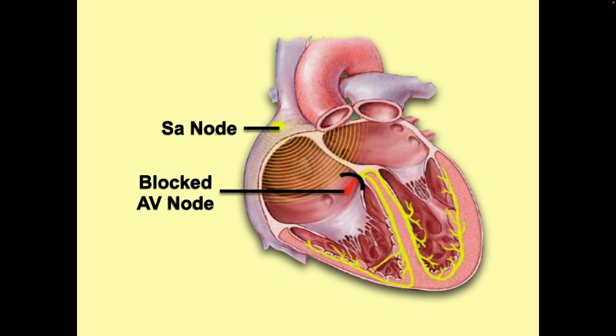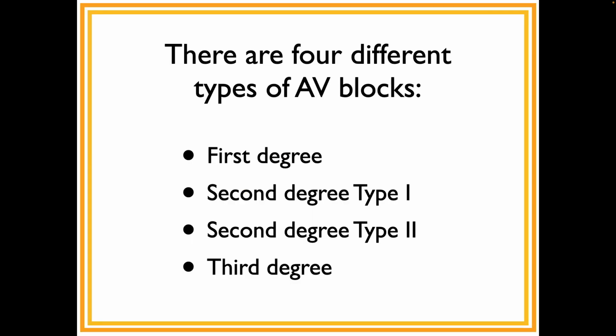Now, there are 4 different types of AV blocks. First degree, second degree type 1, second degree type 2, and third degree. And there are a few little subdivisions or categories within those 4 main categories that we'll discuss. But these are the 4 main types of AV blocks.